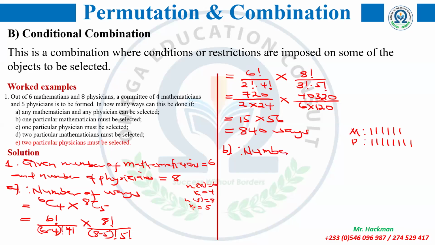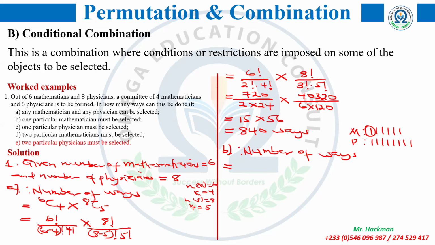If for nothing at all, that's what you know you write. And I'm bringing the equal to down. Okay, so please listen. We said one particular mathematician must be selected. So assuming this is the particular mathematician who is selected, for whatever reason, the selection is automatic.